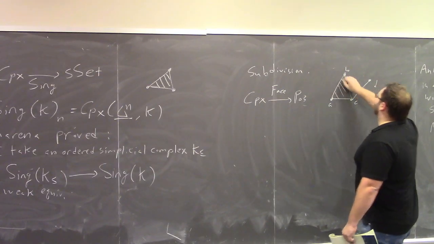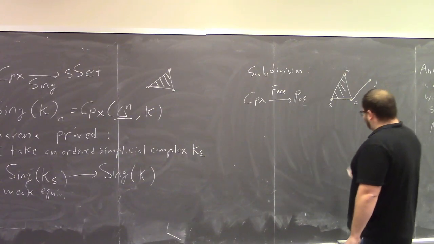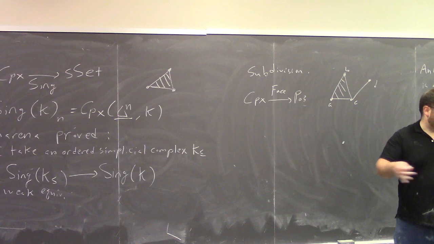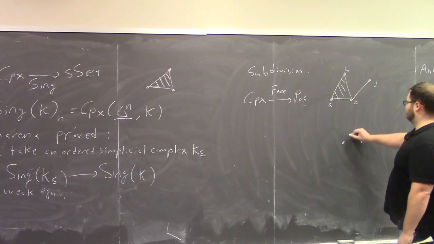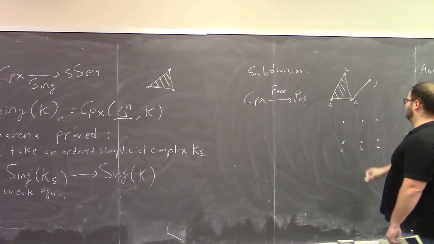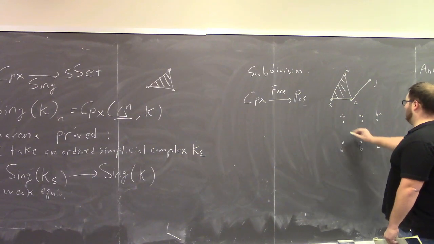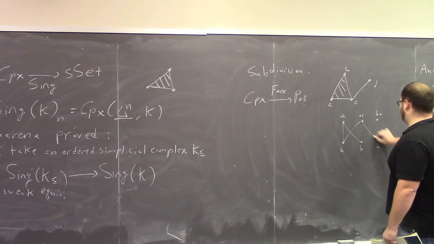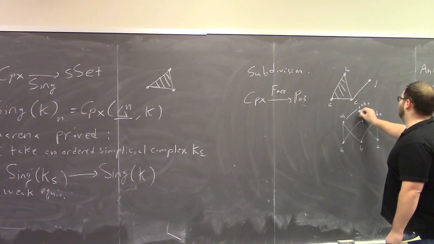If I have a simplicial complex, I can get a poset out of it, where each of the faces, or simplices, they're the same thing, becomes an element of the poset: A, B, C, A B, A C, B C, A B C.